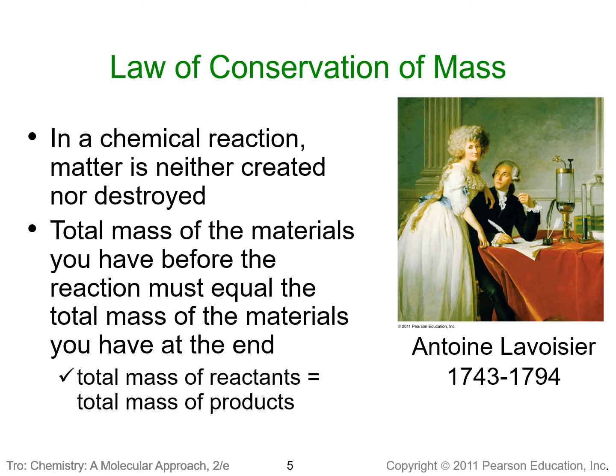He carefully measured the mass of the reactants prior to a chemical reaction, very carefully collected all of the products that were formed, and found that no matter which chemical reaction he was doing, those masses were equal to each other.